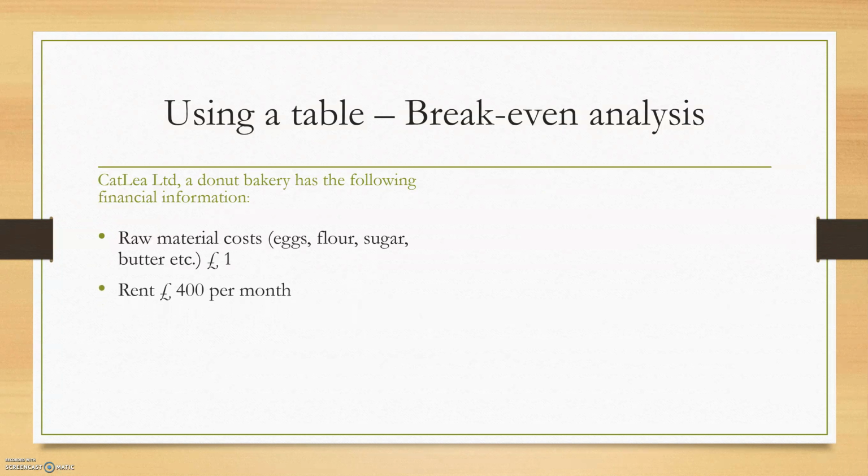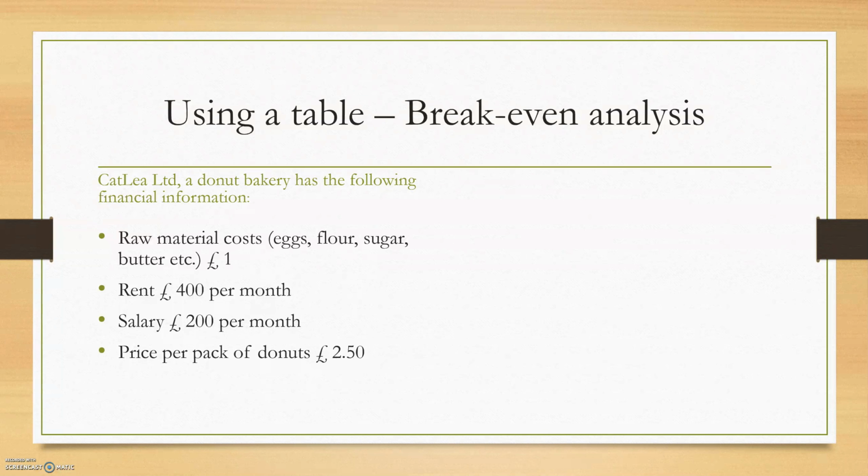We also have rent, because Catley Ltd needs a place to bake all these lovely donuts, and so there's 400 pounds per month for the rent. And salary, these guys are not paid per pack of donuts, they're just paid a salary of 200 pounds per month. And the price per pack, and that's a question I'm sure you'll be asking yourself, how much per pack?